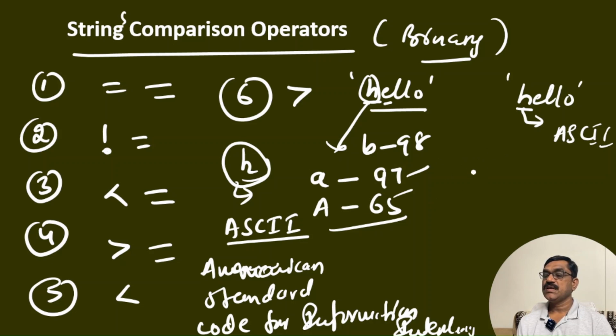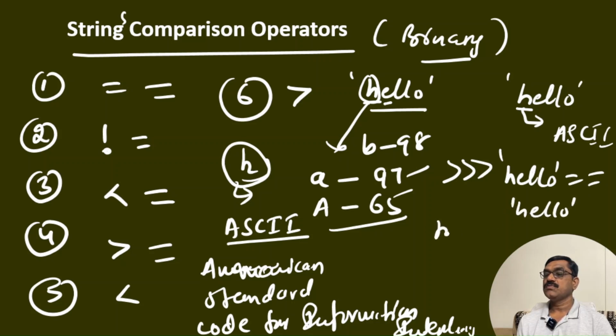For example, at the Python prompt in the shell, if I write 'hello' equals equals 'hello', in this case we return the Boolean value True. Why? Because we take the ASCII value of the first letter H of the first string.